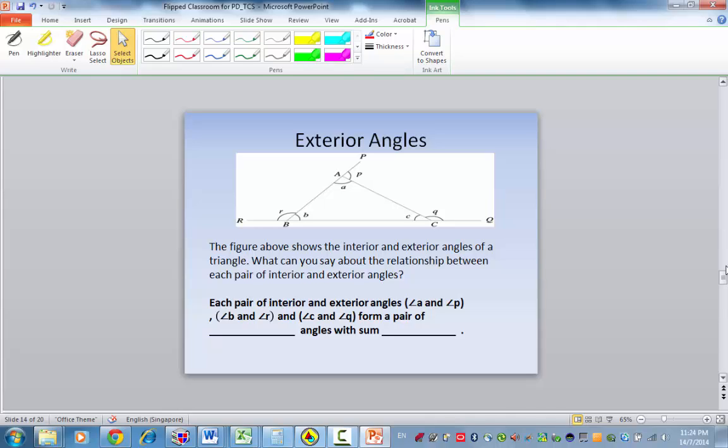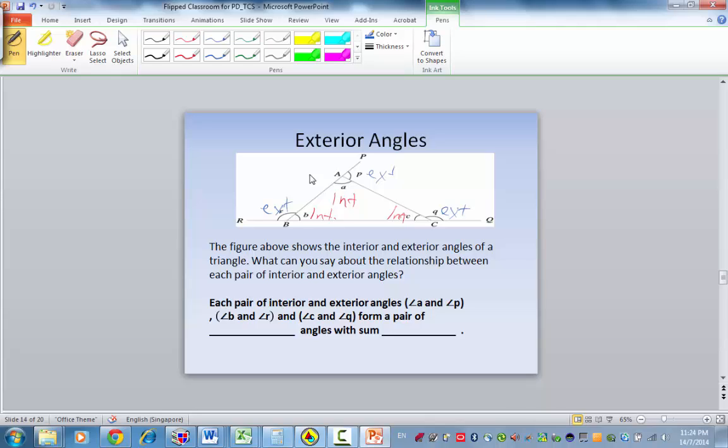Now let's move on to exterior angles. In this triangle, angle A, B and C will be your interior angles. By extending the sides of the triangle, angle P, Q and R will be your exterior angles.